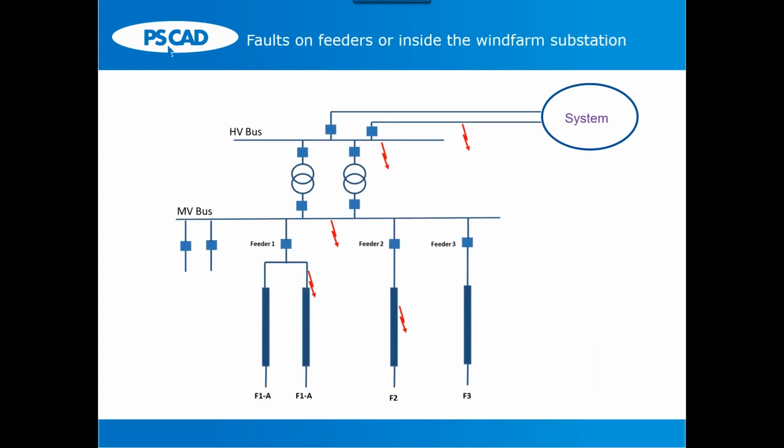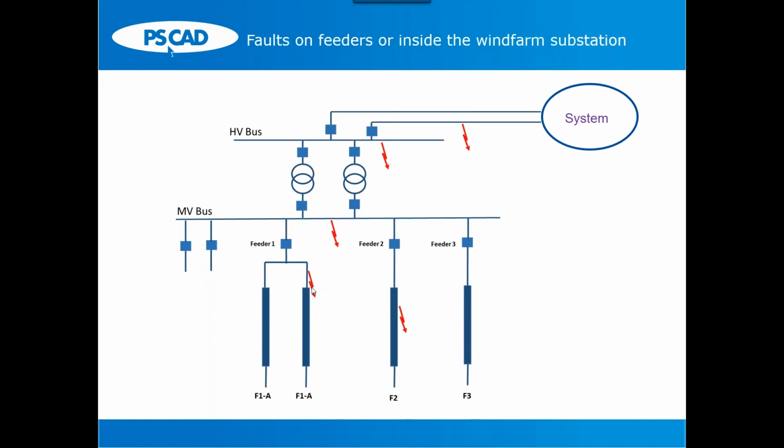Now, to take a further look at this specific problem, in this wind farm installation or near this wind farm installation, faults can occur at different locations, and depending on where the fault is, you will open one or more specific breakers to clear the fault.